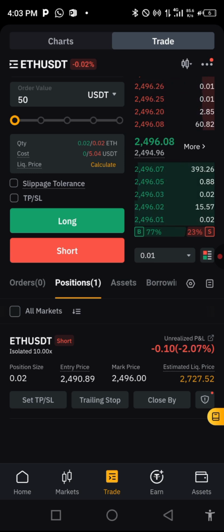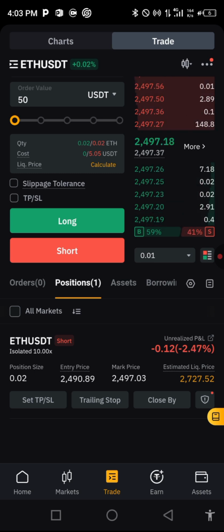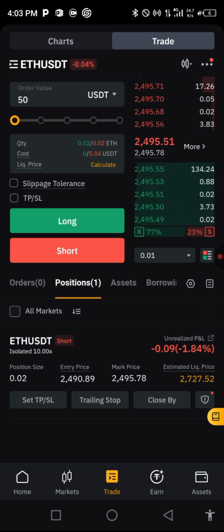So now we want to set our stop loss and our take profit, right? You can see that currently we are losing by 0.11 cents, right? So how do you go about setting your take profit and your stop loss? Now if you look down, you will see where they say set TP/SL.